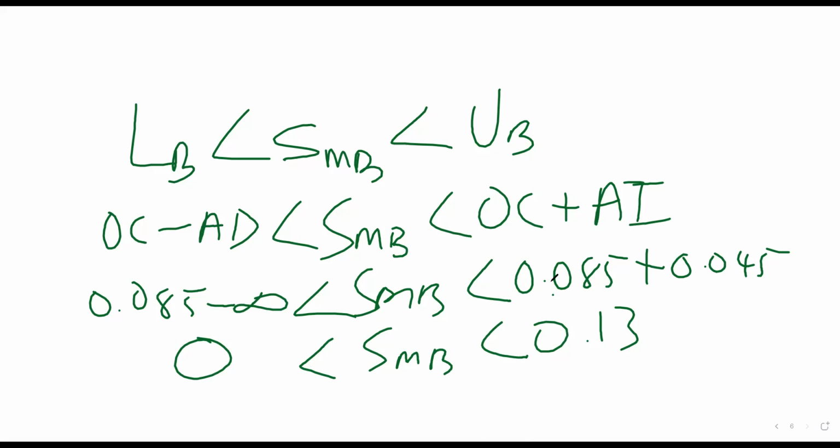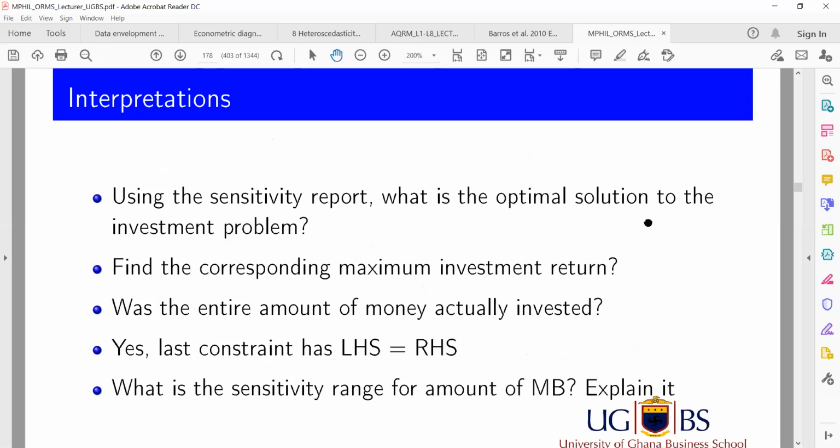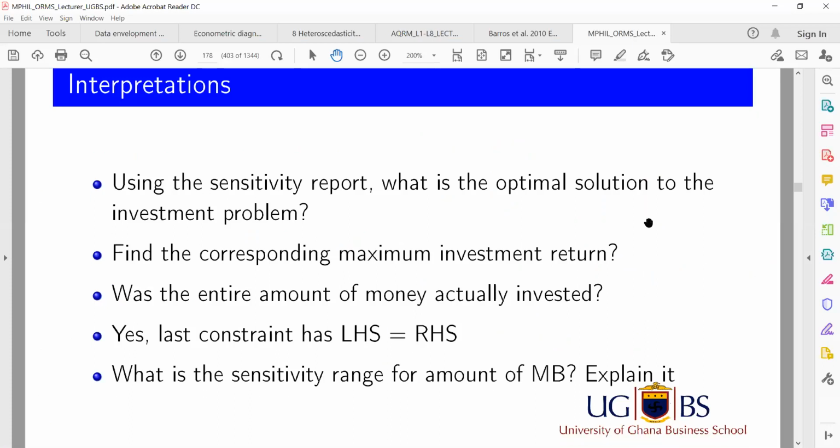The range should tell you that you cannot increase or decrease these objective coefficients more than the upper bound or less than the lower bound of the sensitivity range. That's the interpretation of it.